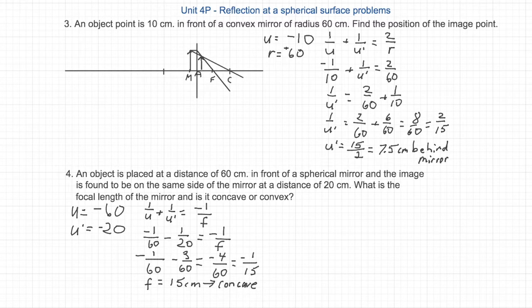F is measured from the focal point to the vertex. We'll draw it here. Make sure it makes sense. So it's a concave mirror. C and F are on the left side.